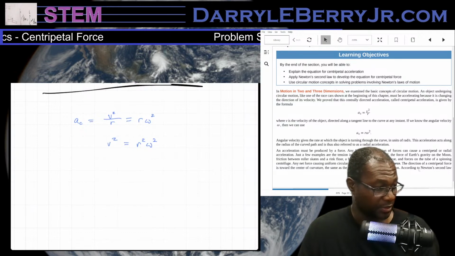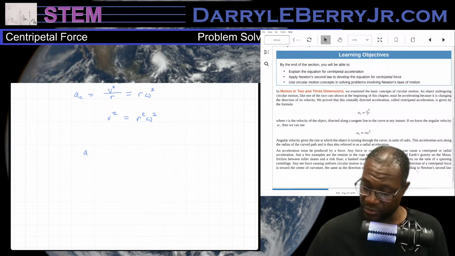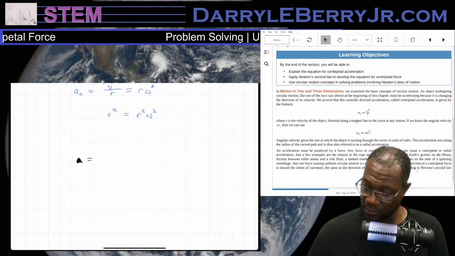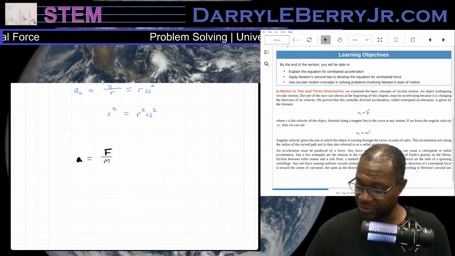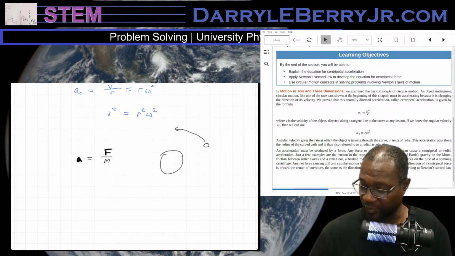Right? So basically they're looking at it like acceleration equals force over mass. In order to have an acceleration, there must be a force. So I use the example of the Earth-Moon system, where the force of gravity is causing the Moon to revolve around the Earth.